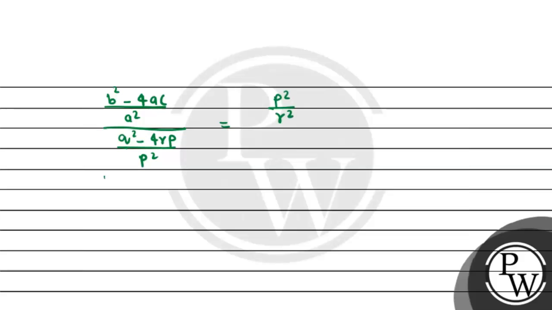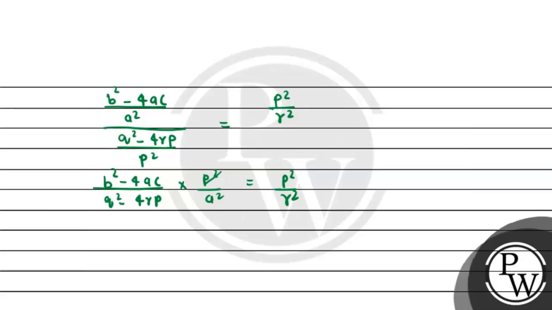Now our equation will be (b square minus 4ac) upon (q square minus 4rp) multiplied by p square upon a square is equal to p square upon r square.